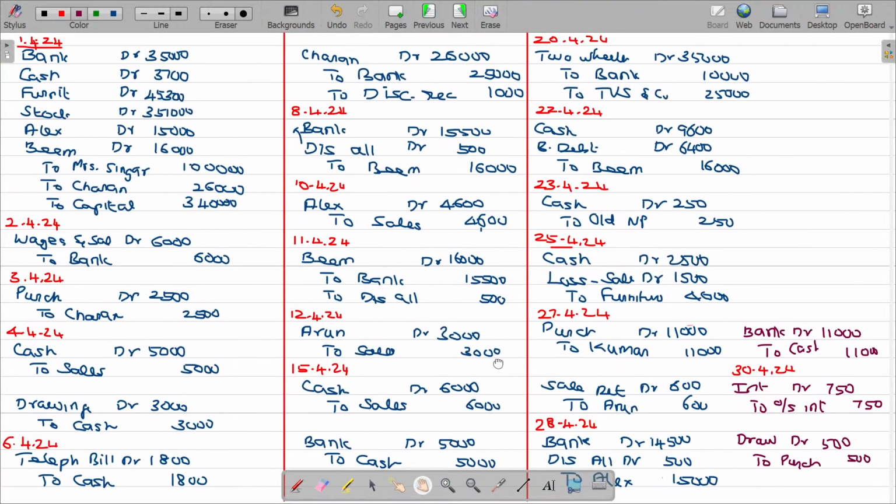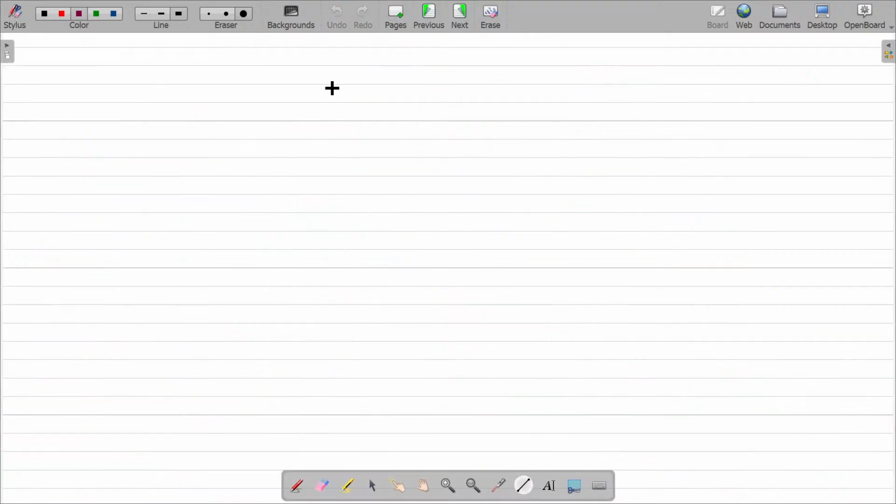So I have passed the journal entries. Now the next step is, from the journal entries we have to prepare the ledger. Is that clear? Now, ledger preparation.